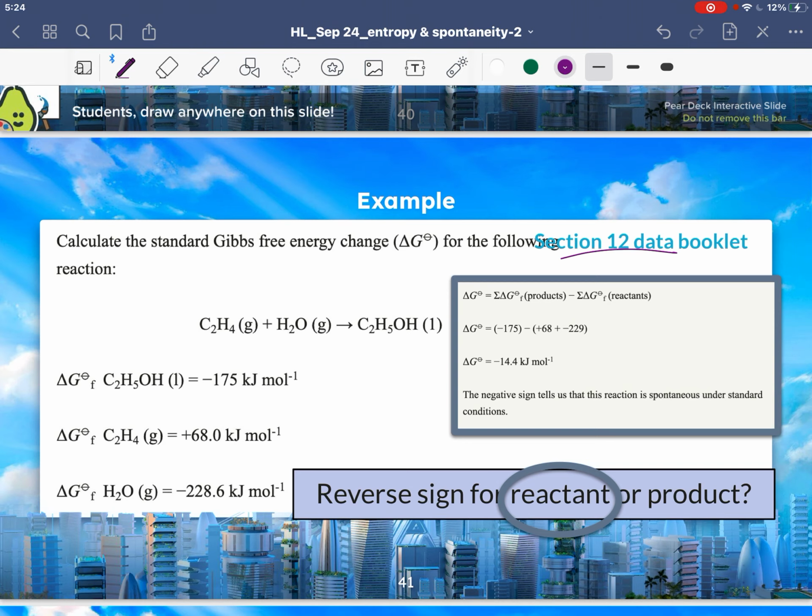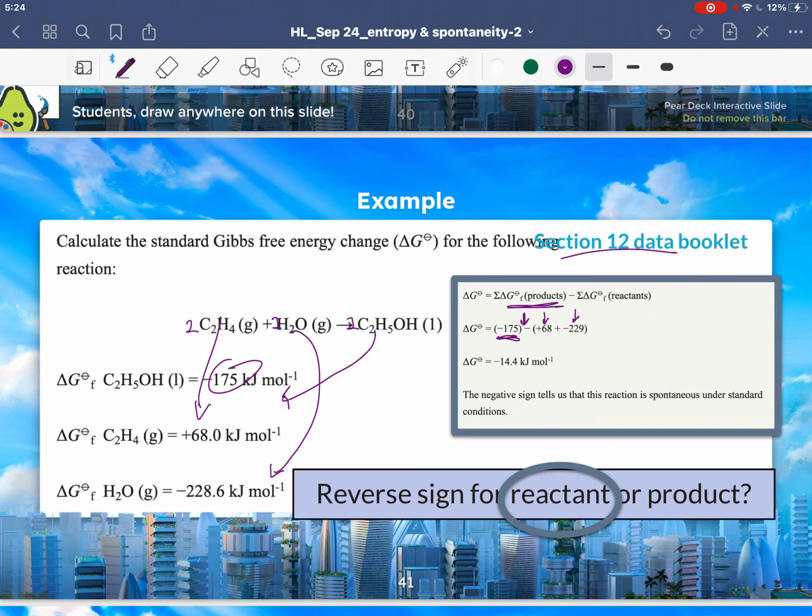And we see here how we would set this up. C2H4, I have my free energy, H2O, I have my free energy, and I have my product C2H5OH, minus, changing signs in the reactants. And again, I just had coefficients of 1 here, so I didn't need to do any multiplying.